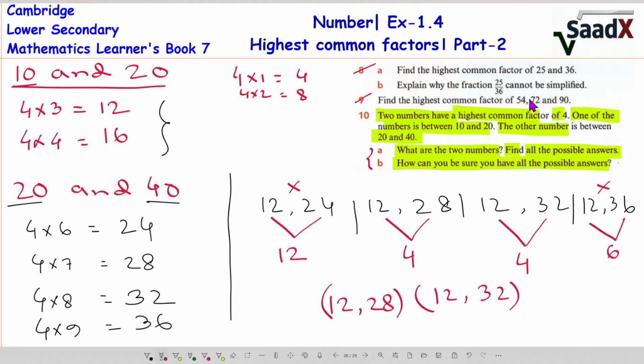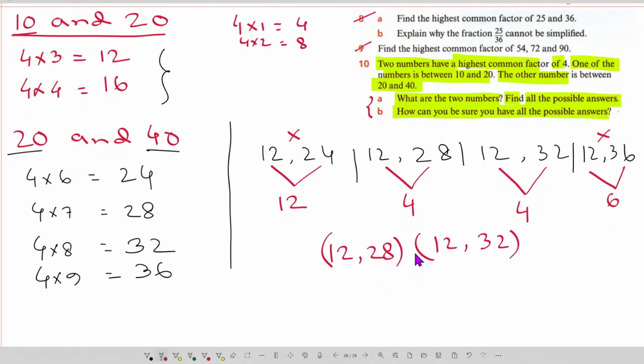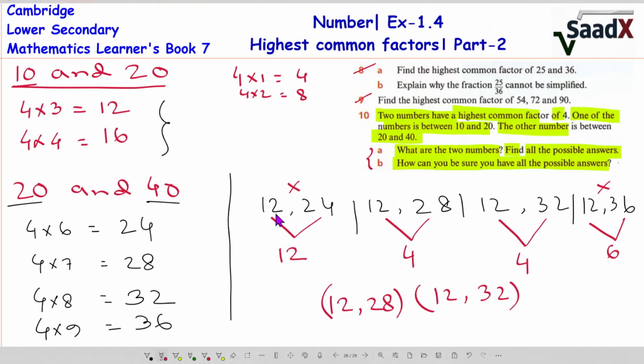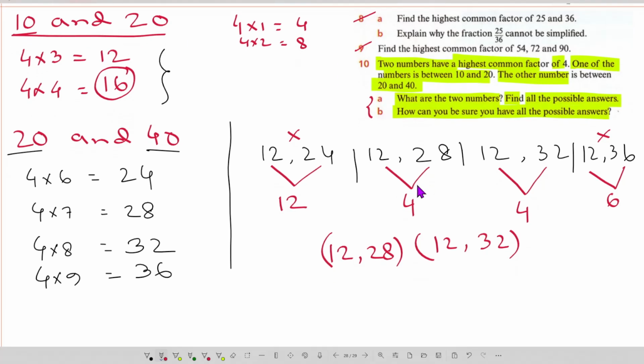Okay, so here it mentions what are the two numbers, find all possible answers. So these are the possible answers between 10 to 20 and 20 to 40: 12, 24, 12, 28, 12, 32, 12, 36. And now we will find out the next pair, 16.